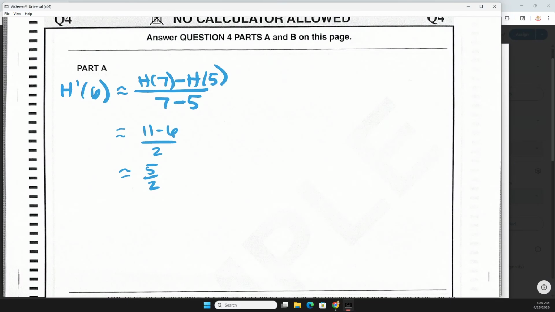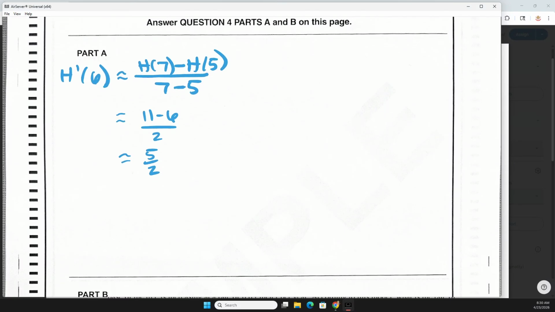Okay. And then don't forget, it is telling us to interpret the meaning of this. So we would say something like h prime of 6 equals 5 halves means, and don't forget, when we do an interpretation, we do the noun. The noun is the height of the tree.